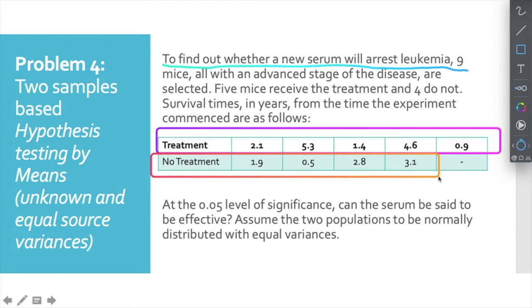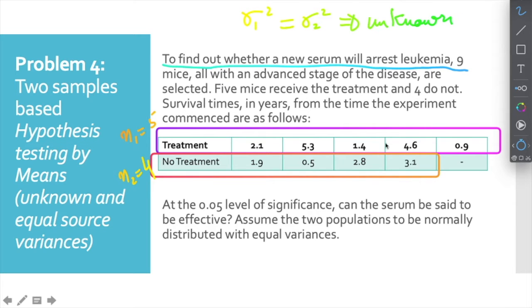The sample sizes are not the same. The first set has a sample size of 5, the other set has a sample size of 4. But it is supposed that both had the same variance. So sigma 1 squared is supposed to be equal to sigma 2 squared, but that is not known.